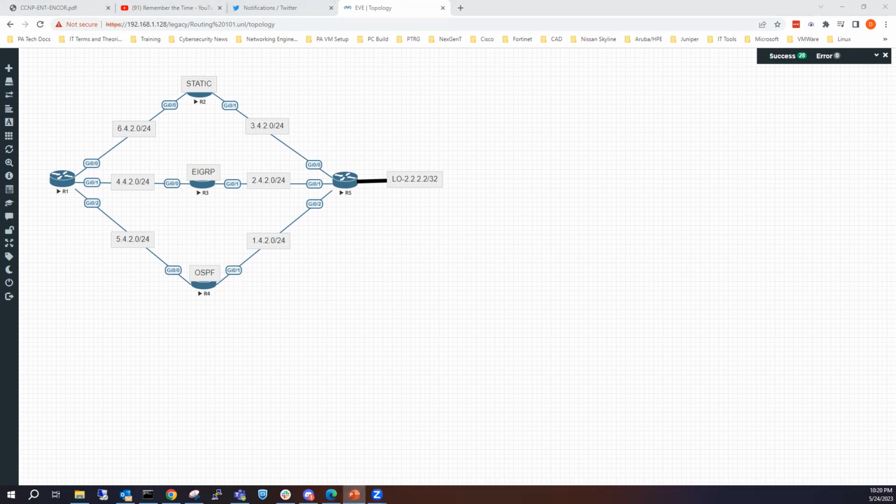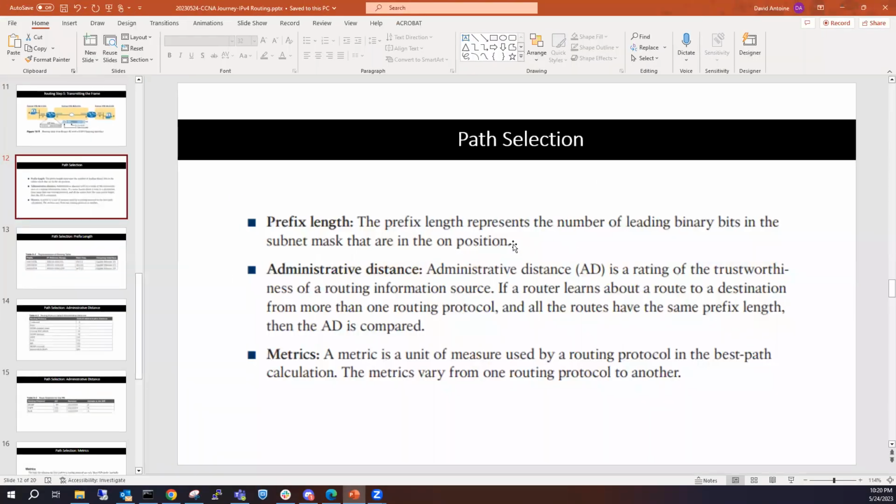Okay, so let's review. Remember the election process. We have the prefix length first. After that, we have the administrative distance. After that, we have metrics.